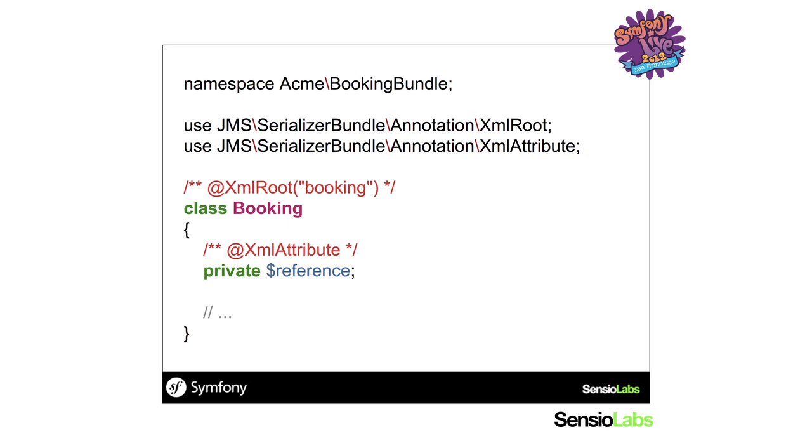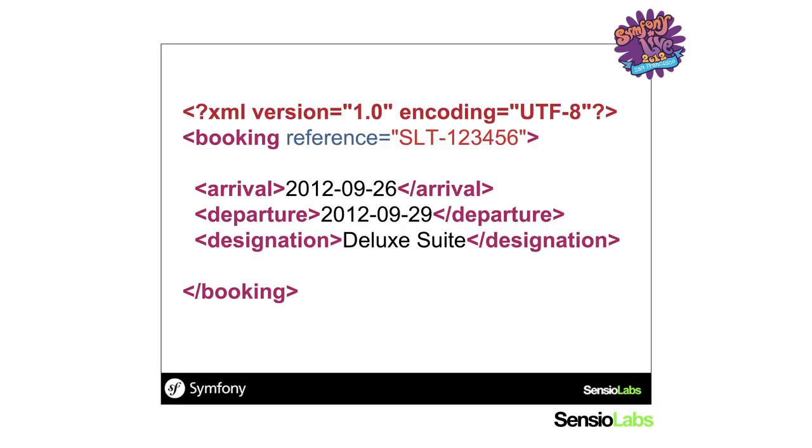There is an @XmlAttribute annotation that allows you to say, I want to have the reference property as an attribute of my main booking root node. So when I serialize my booking object to XML, I will get the reference attribute on the booking root node instead of having a new node.